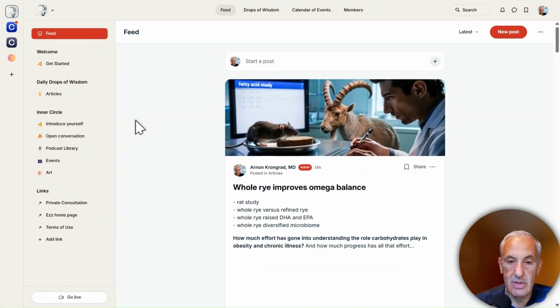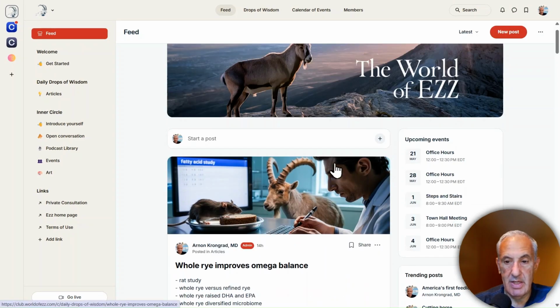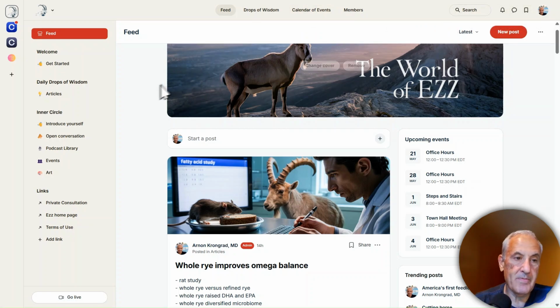So, to summarize, the feed is where you start. This is your master dashboard with all the recent activity, upcoming events, and trending posts. Across the top, you've got quick access to the Daily Drops of Wisdom and the calendar of events in summary form, as well as administrative buttons over on the right. On the left, you've got a set of navigation buttons, including, again, the foundational Daily Drops of Wisdom.